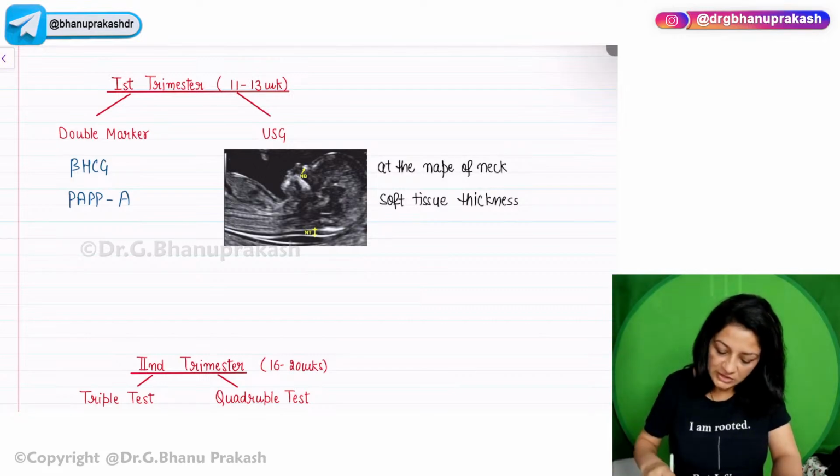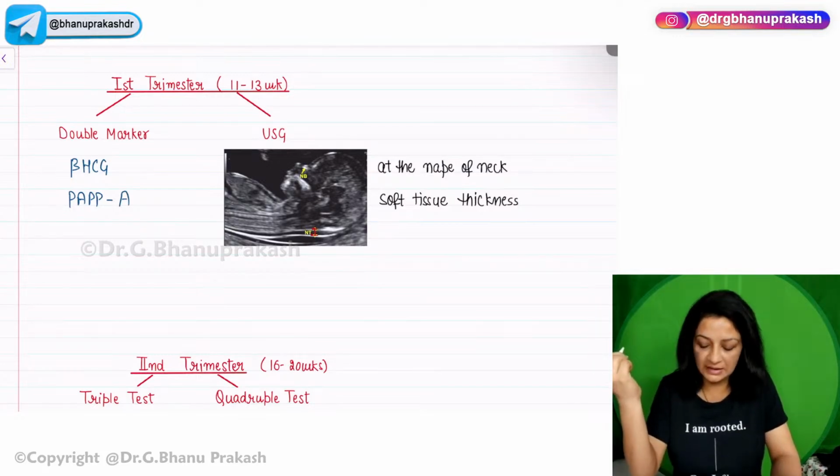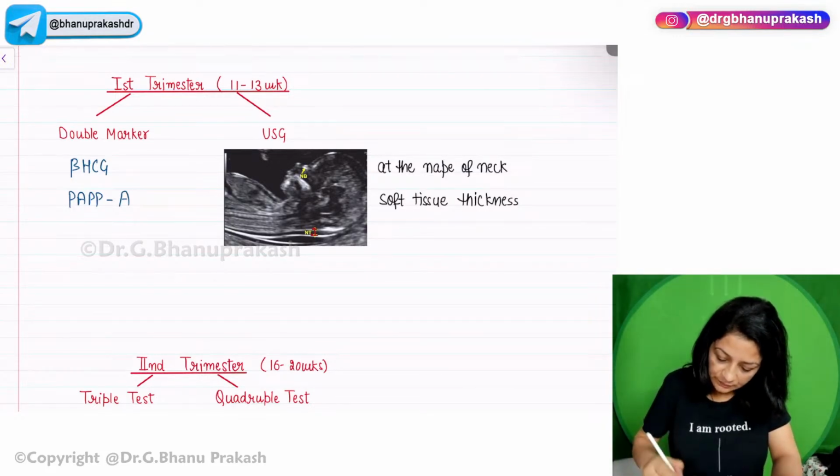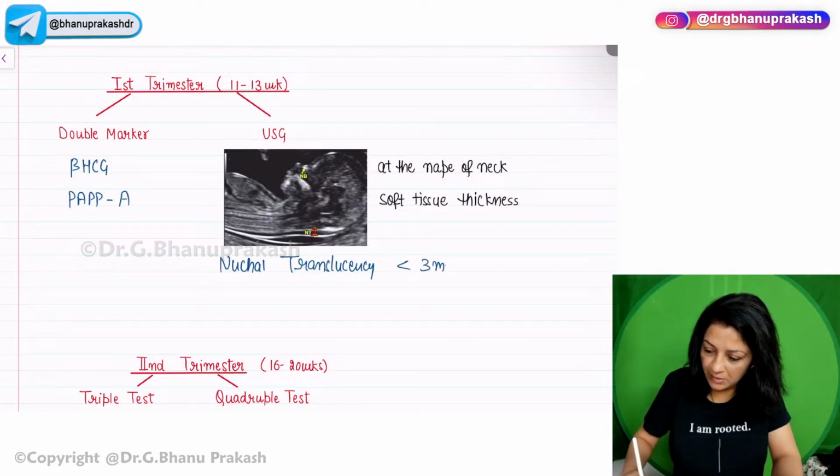अल्ट्रासाउंड में we will check at the nape of the neck soft tissue thickness, that is called nuchal translucency. It should be less than 3 mm.